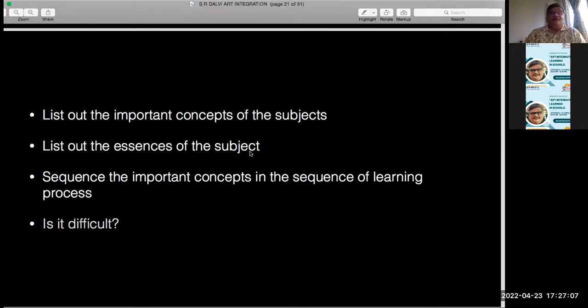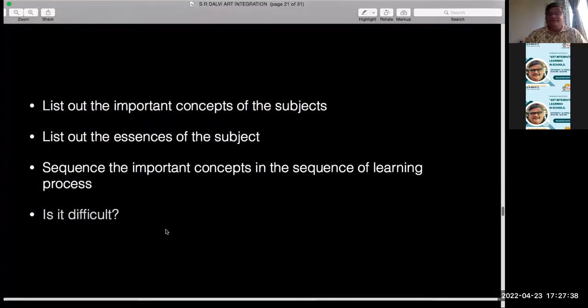Ma'am, can you elaborate a little bit more? Since I deal with language, I think the essence is reaching out. Children should be able to communicate well in the language. That should be the essence. Correct. Fabulous. Fascinating. I am also learning new things in this interaction.